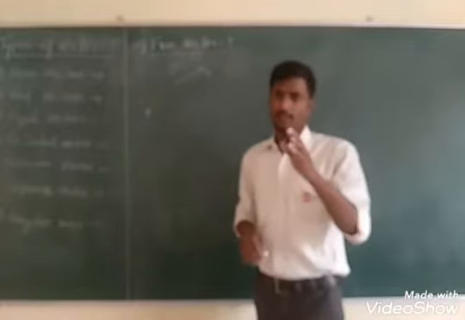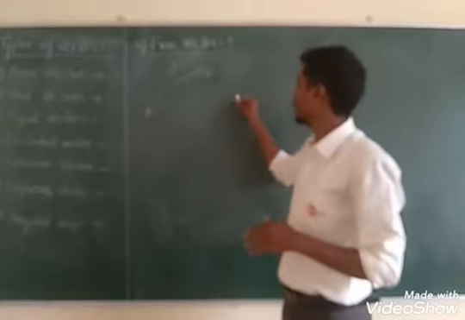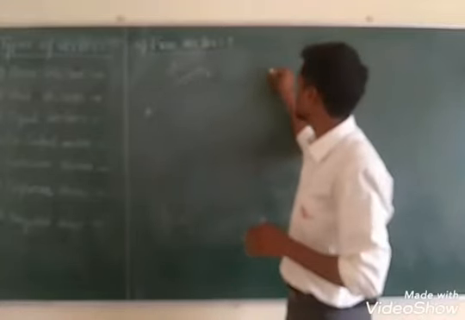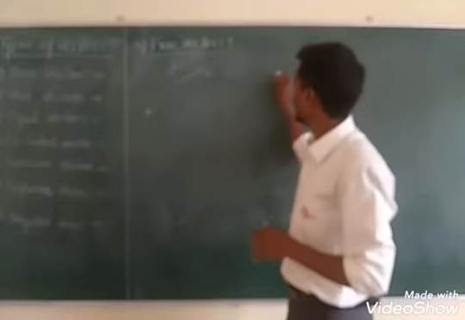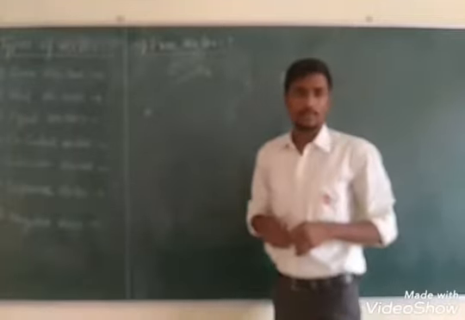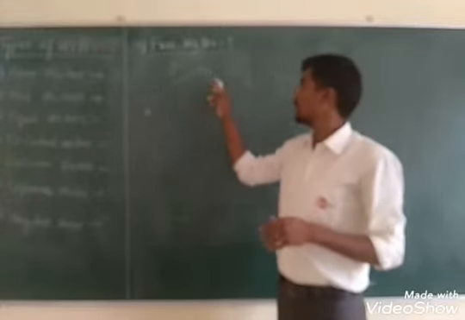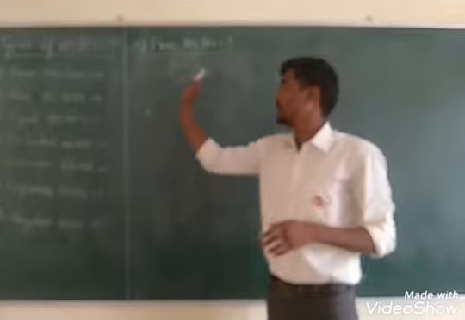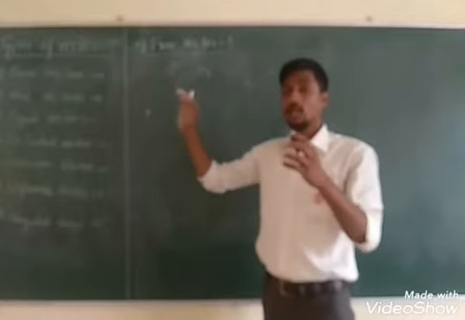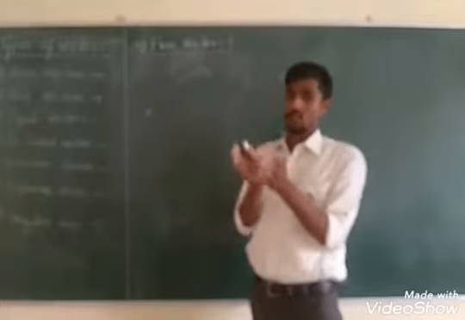Suppose if I shift this vector somewhere here like this, so vector C and D will denote its new vector. So the vector is shifted from here to here, which is parallel to this vector, without changing its magnitude as well as the direction.